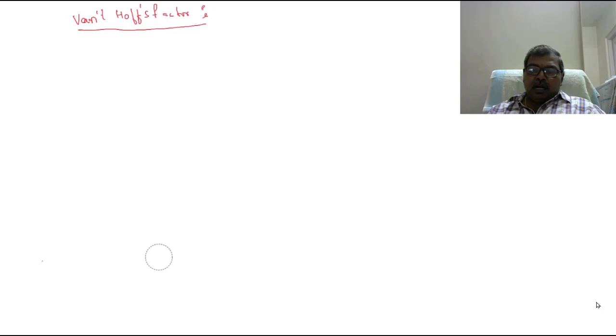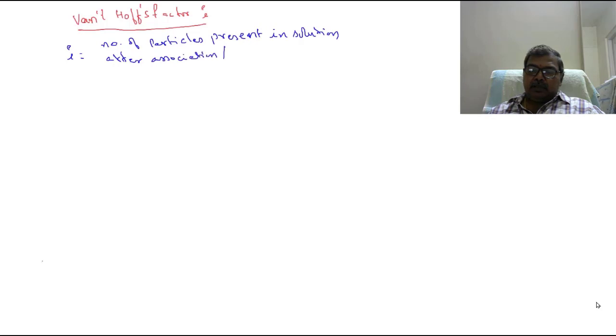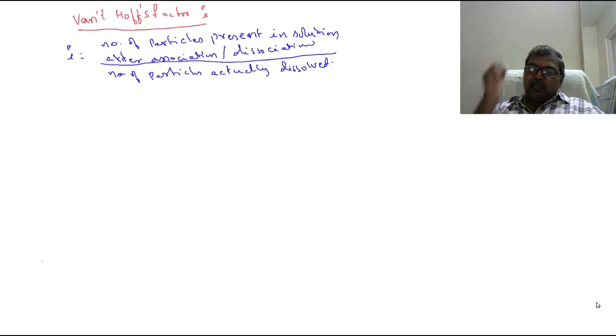Now, i is equal to the number of particles present in solution after association or dissociation, by the number of particles actually dissolved.